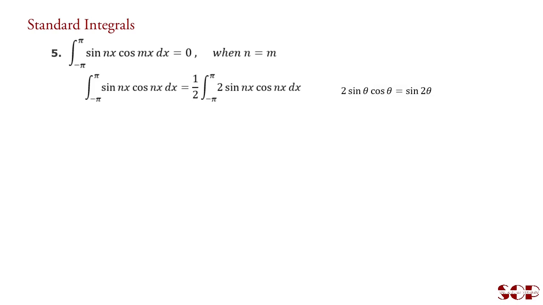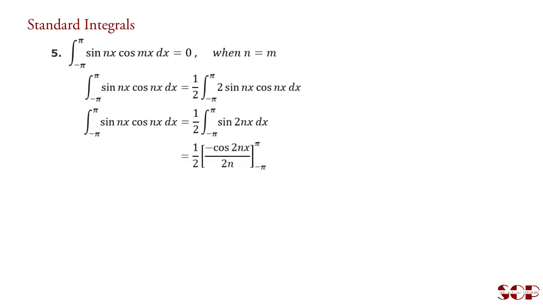In our expression, theta equals nx. Therefore, the integral equals 1/2 integration from minus pi to pi of sin 2nx dx, which is equal to 1/2 times [minus cos 2nx upon 2n], the integration of sin 2nx, with limits minus pi to pi.